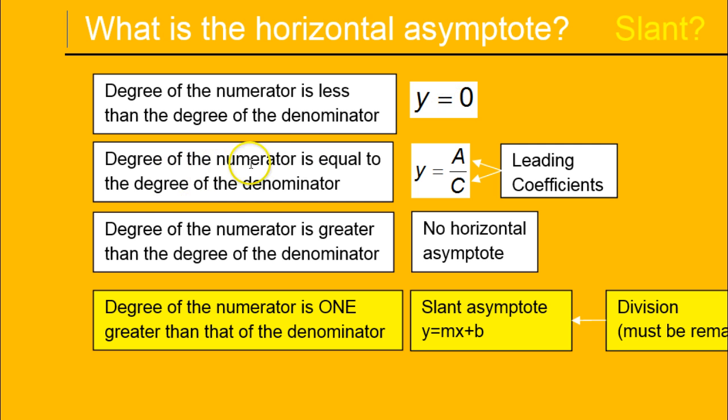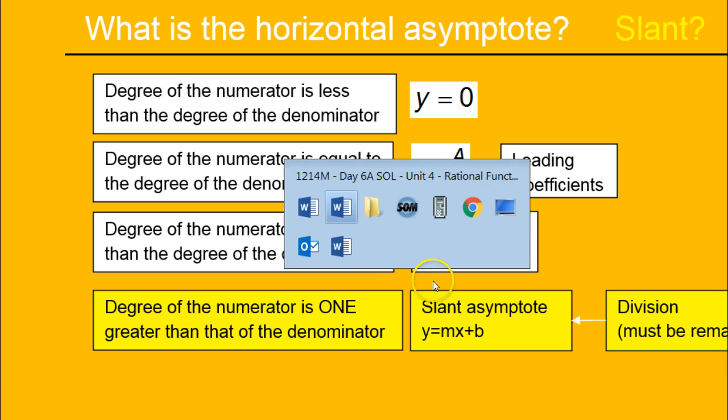If the degree of the numerator is equal to the degree of the denominator, then the horizontal asymptote will be y equals a over c, where a and c are the leading coefficients of the numerator and denominator. And if the degree of the numerator is greater than the denominator, then there is no horizontal asymptote. There might be a slant asymptote, which is not the case this time, so we're not going to worry about it.